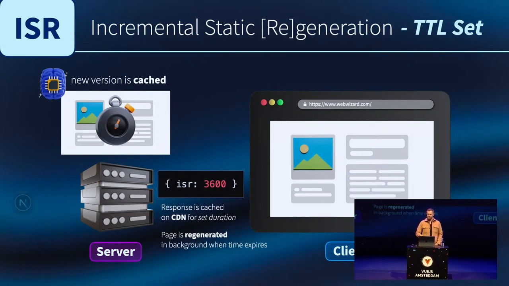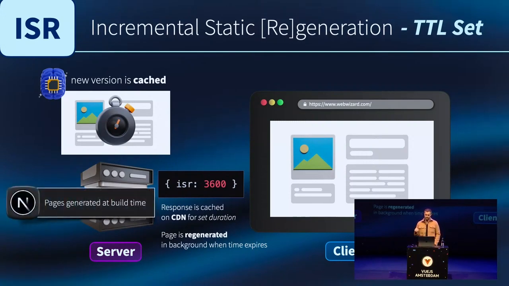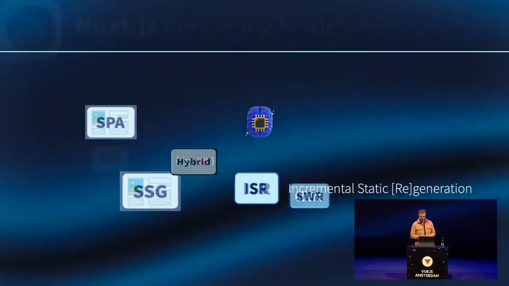But the major difference between Nuxt and Next with this approach is that in Next, all pages are actually generated first at build time. With Nuxt, a page is generated at request time and then cached and regenerated according to the TTL configuration you have.